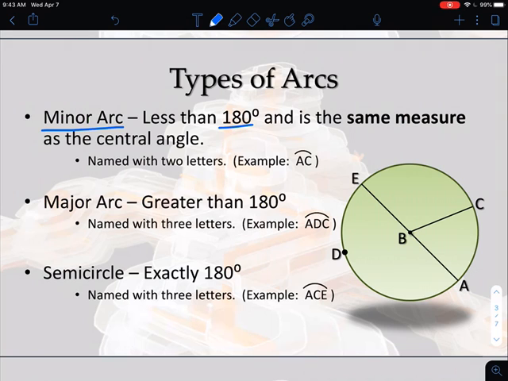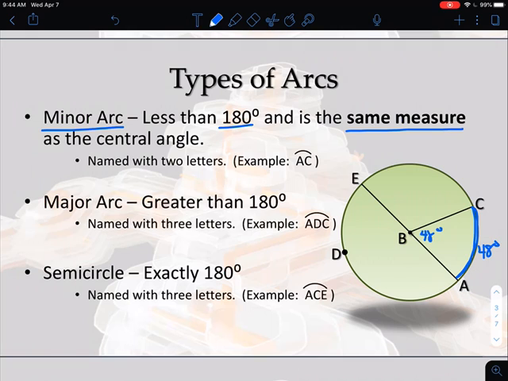Now, the arc measure will always be the same measure as the central angle. And so the arc and the angle are always going to be exactly the same value. For instance, if I said angle CBA here was 48 degrees, that means the arc from C to A, the arc from one point to the other, would also be 48 degrees.